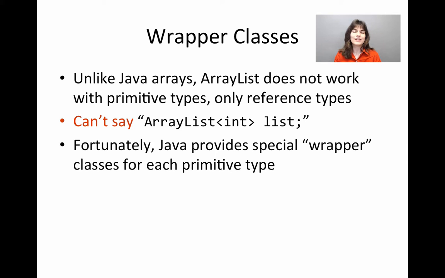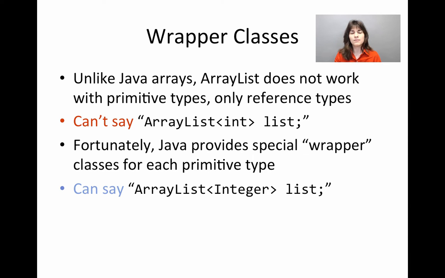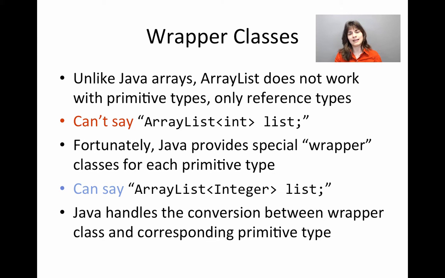However, we can use the wrapper classes in order to indirectly store primitive values, because we can say ArrayList<Integer> list, and to our good luck, Java automatically handles the conversion between a wrapper class and the corresponding primitive type. So there is a way to use ArrayLists with primitive types. It is just an indirect way through the use of a wrapper class.